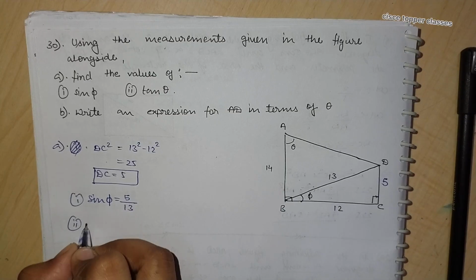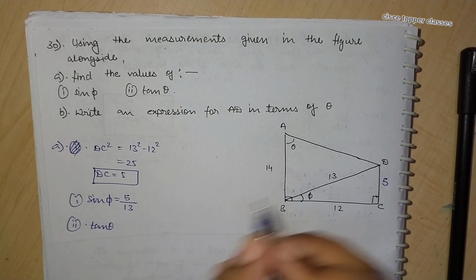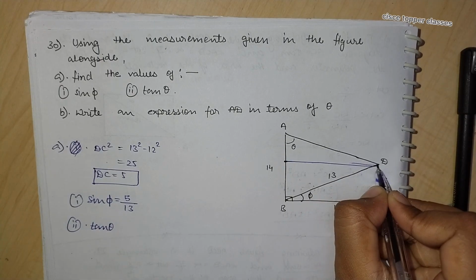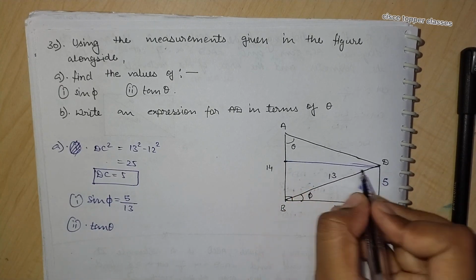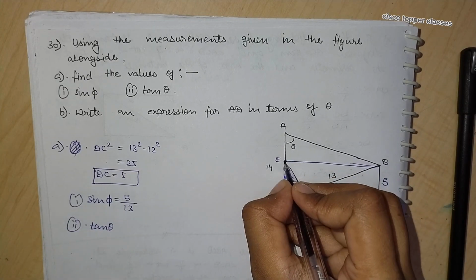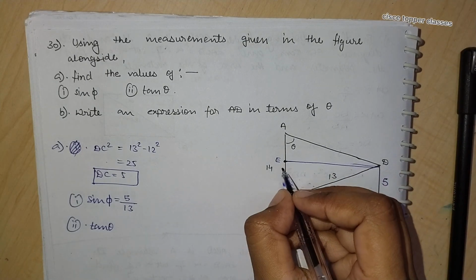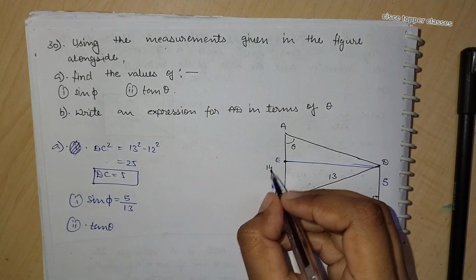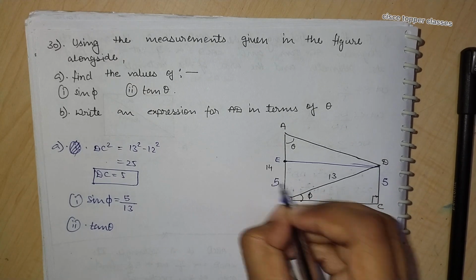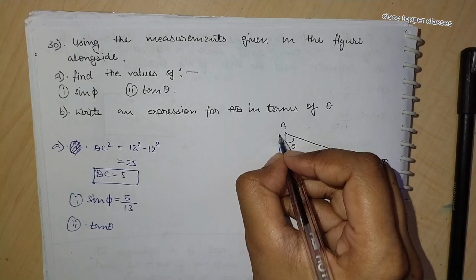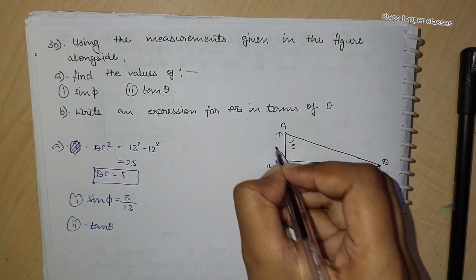And the second part which we have to find is tan theta. For finding that part, firstly we will draw a rectangle type structure in this trapezium. So here, let this be E, a perpendicular. So for BE, we can write 14 minus 5, because this forms a rectangle, so the breadth will be the same. And here we will get 14 minus 5 as 9.